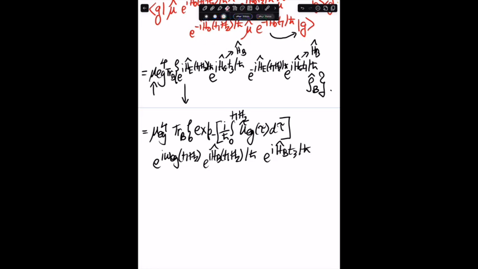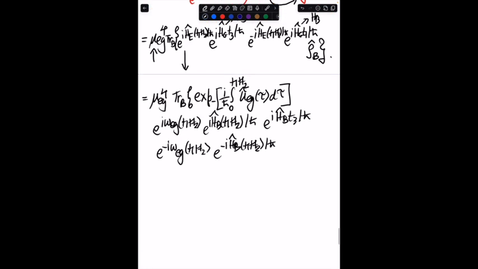Then from the next term you have e raised to the power minus I omega Eg t1 plus t2, and then you have e raised to the power minus I HB t1 plus t2 upon h bar. And then you have the positive time ordered exponential from 0 to t1 plus t2.